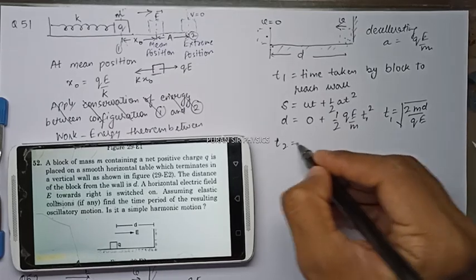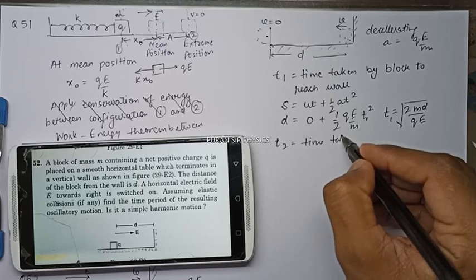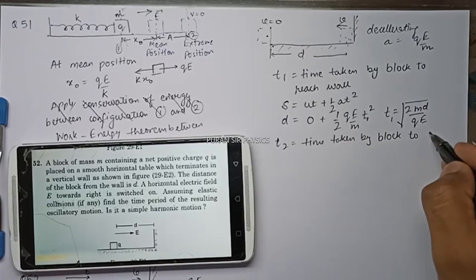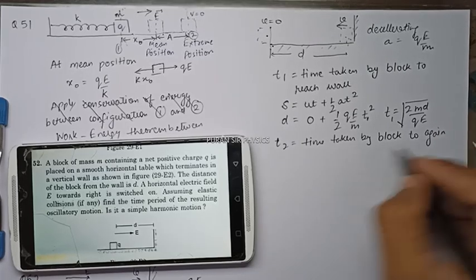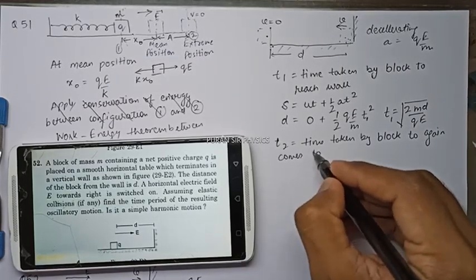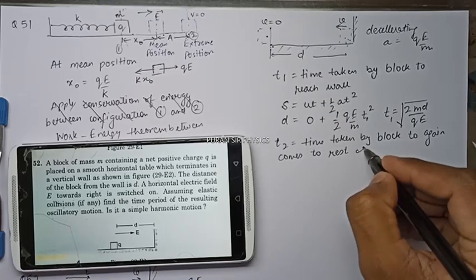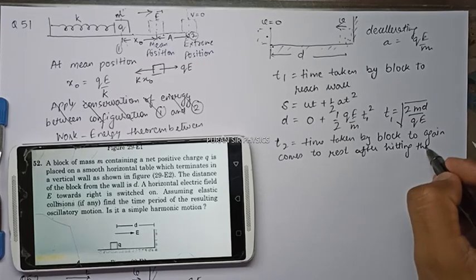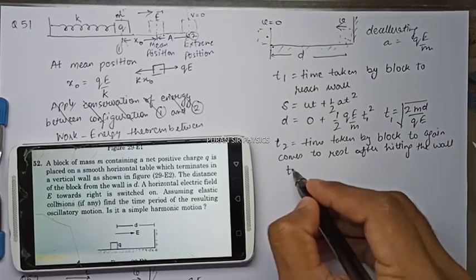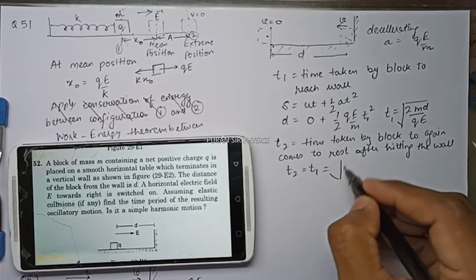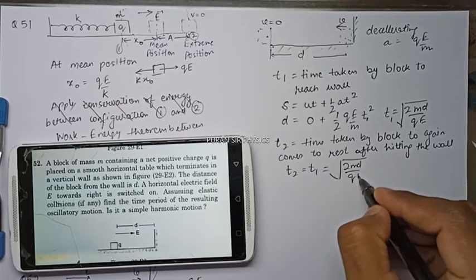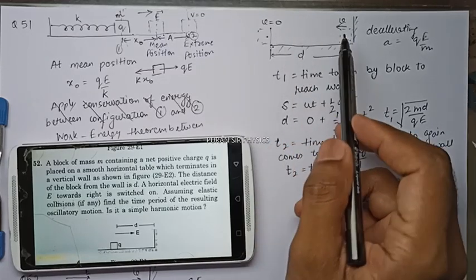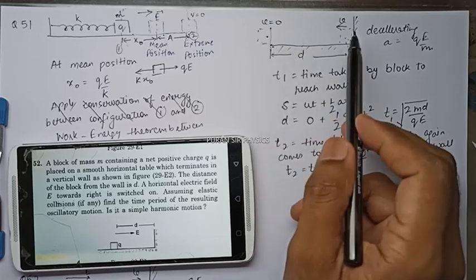So t2, the time taken by the block to again come to rest after hitting the wall, is equal to t1, and it is equal to square root of 2md upon QE. And then after that the motion keeps on repeating. This block again hits the wall and again stops here. So this keeps on repeating.